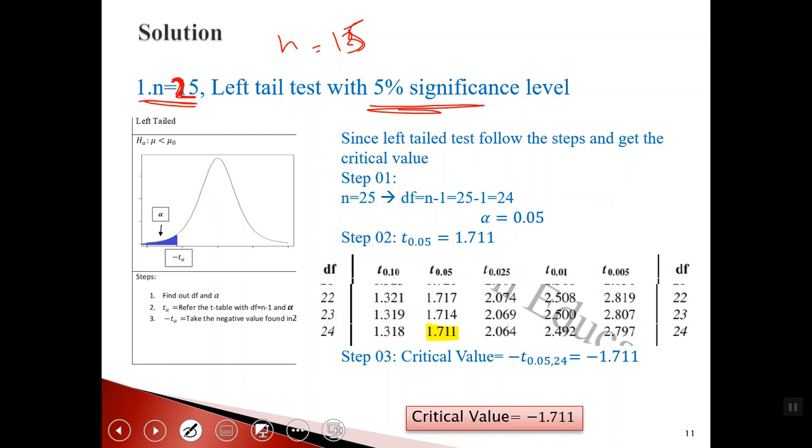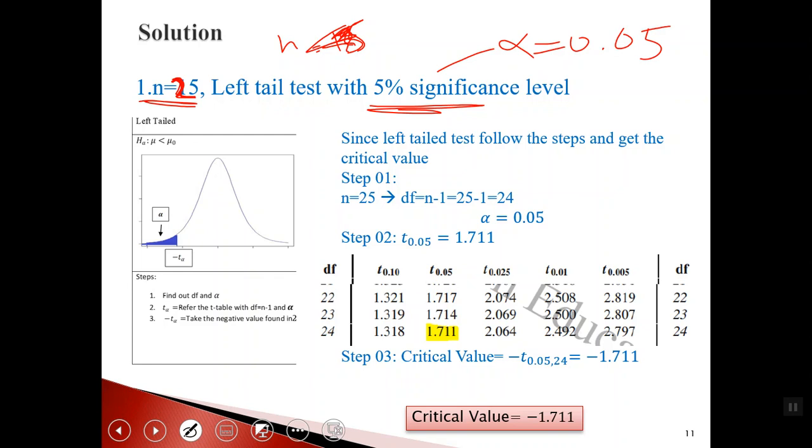Okay, n is 25. Alpha, this is the significance level, which means your alpha is 0.05. I'm sorry, there are a few typos in this slide. Please check them.